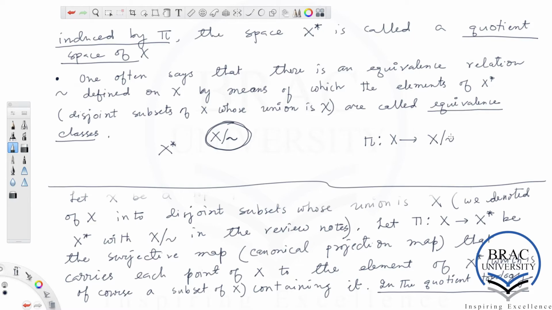In the review notes, we gave the definition of quotient topology with reference to this canonical projection map. But the quotient map we have just defined does not need to be this canonical projection map. It can be any surjective map P between two topological spaces X and Y satisfying certain topological properties that we already provided in the definition.